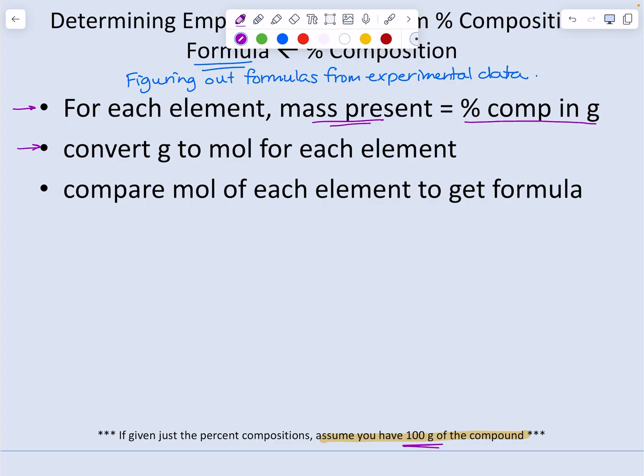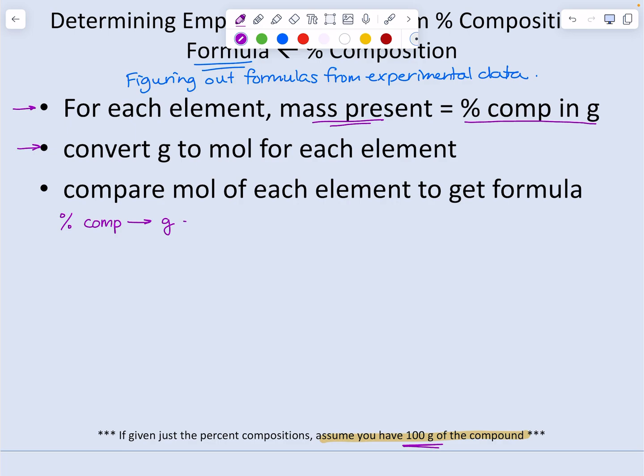So that is number of objects of a certain type. When we're talking about number of objects, we have to go through the unit of the mole. So we're going to go from percent composition to grams, and that's not going to involve any mathematics. It's going to just involve changing the percent symbol to a G.